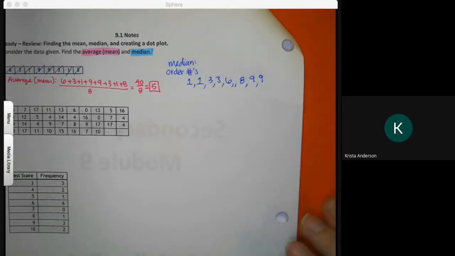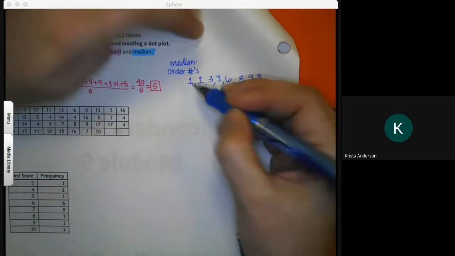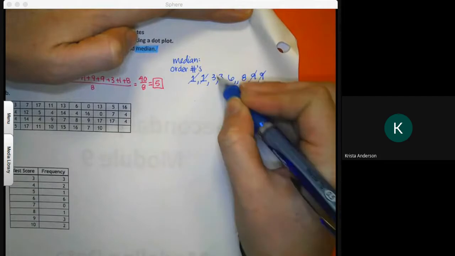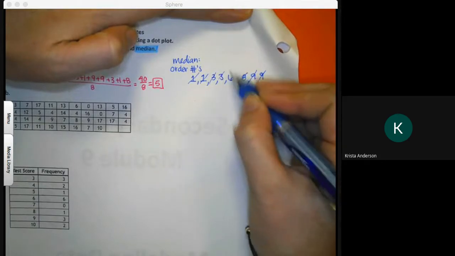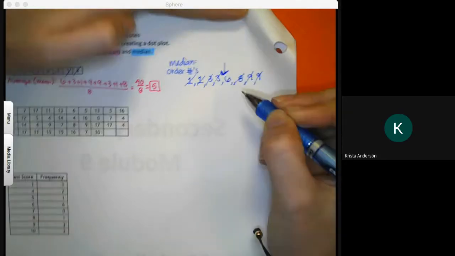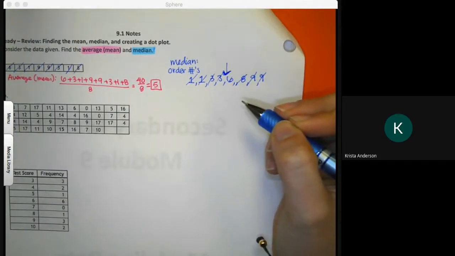I'm now going to cross them off and find the middle. So we go cross, cross, cross, cross, cross, cross. What is the middle between 3 and 6?